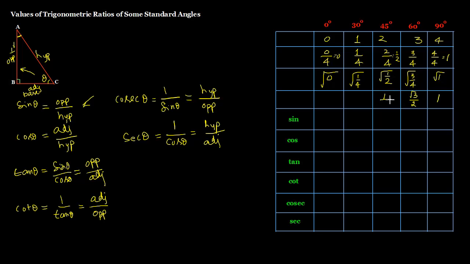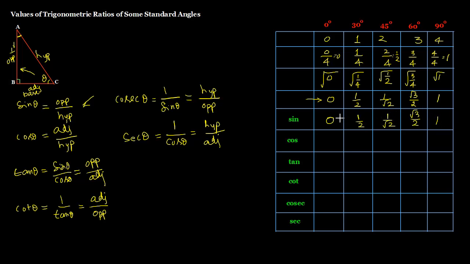Square root of 2 in the denominator is square root of 2. Square root of 1 is 1. Square root of 4 is 2. And square root of 0 is going to be 0. So now whatever values I got here, those are exactly the values of my sine: 0, 1 by 2, 1 by root 2, root 3 by 2 and 1.